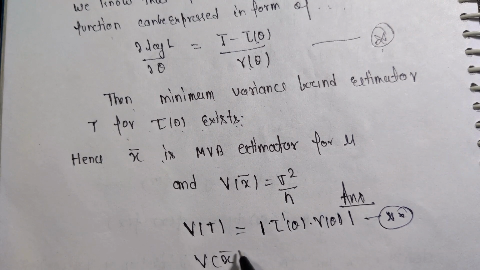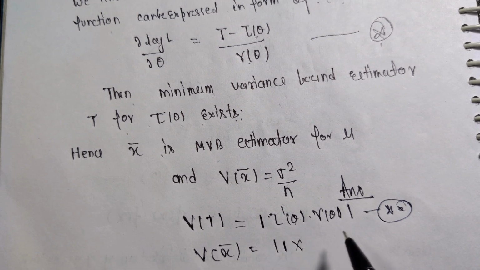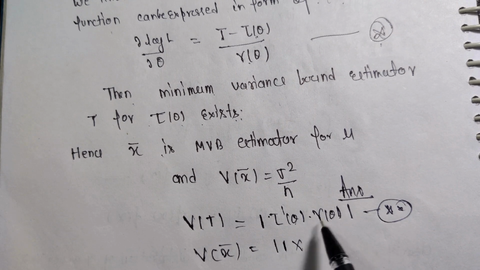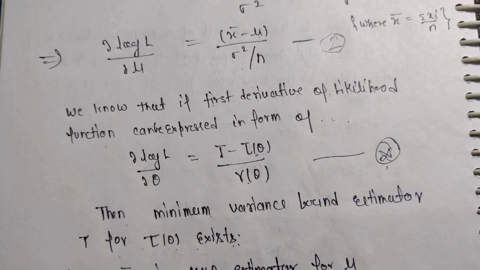So the variance of x bar is tau dash theta, and in place of tau dash theta we have mu dash. Taking the derivative of mu with respect to mu, it becomes 1, and gamma theta, from equation number 2, is sigma square by n. Multiplying 1 with sigma square by n gives sigma square by n.